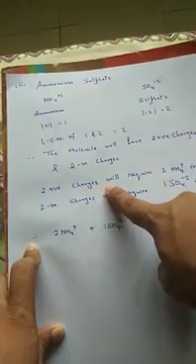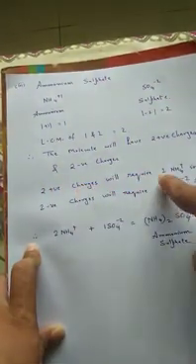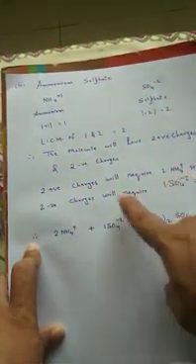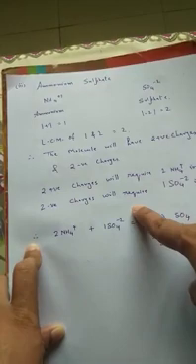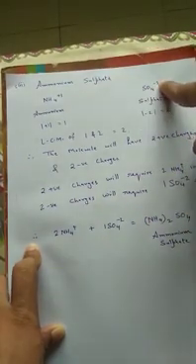2 positive charges will require 2 ammonium ions because 1 ammonium will contribute only 1 positive charge. 2 negative charges will require 1 sulfate ion because 1 sulfate ion itself contributes 2 negative charges.